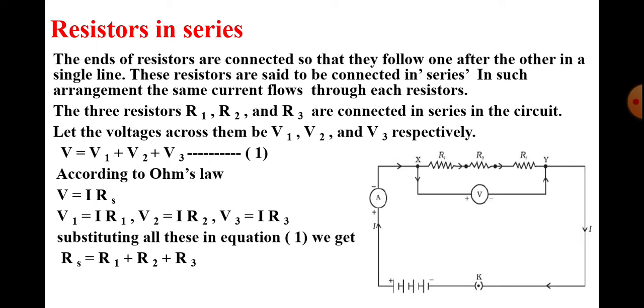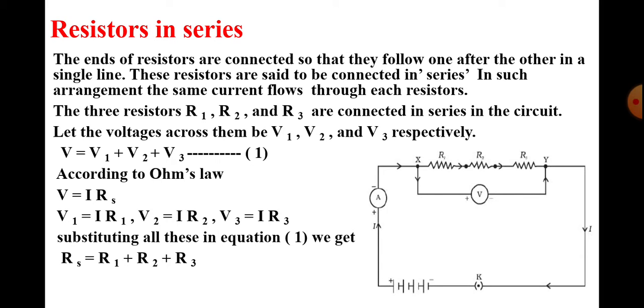The three resistors R1, R2 and R3 are connected in series in the circuit. Let the voltages across them be V1, V2 and V3 respectively. V is equal to V1 plus V2 plus V3. Here we have our equation number 1.